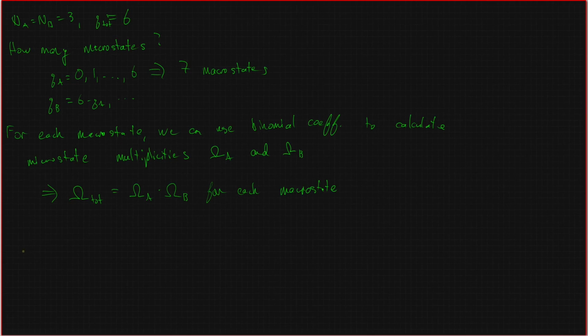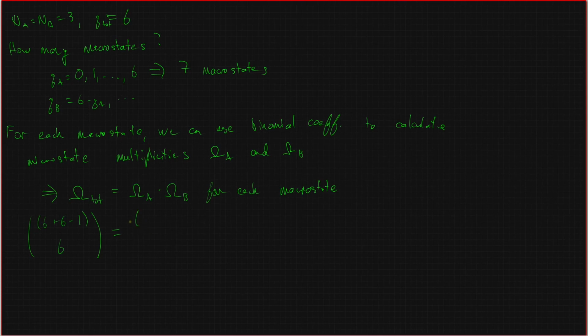Oh, yes. We had our system of two Einstein solids, one with 3 oscillators, the other with 3, and then a total of 6 energy units. So the last thing I wanted to calculate here was the total number of microstates available over a large amount of time. You would just take 6 plus 6 minus 1 choose 6, so taking all of our energy units and throwing them in there.